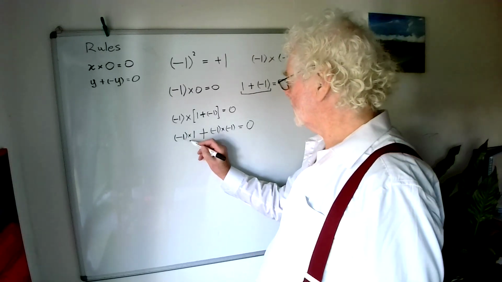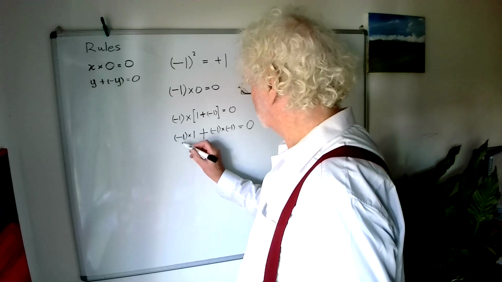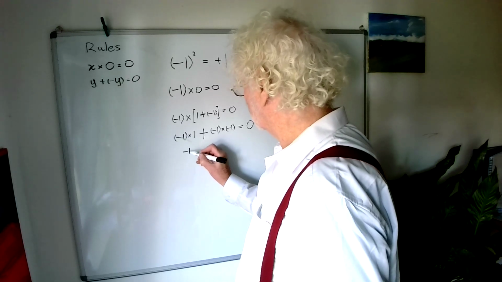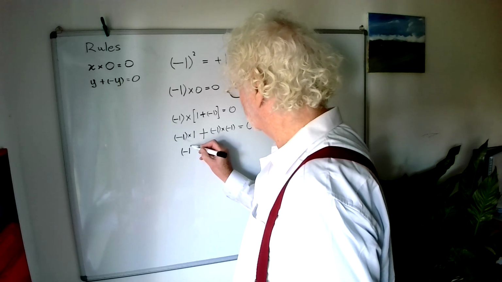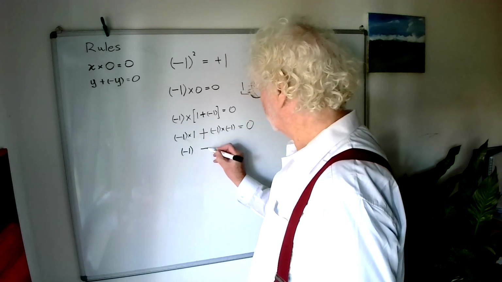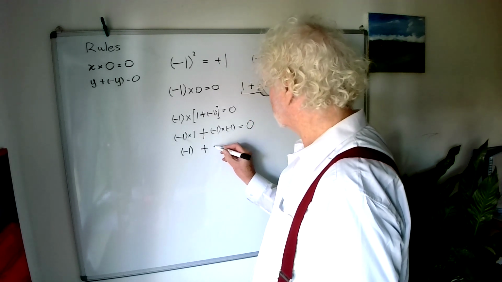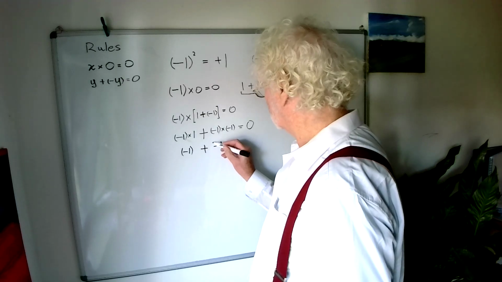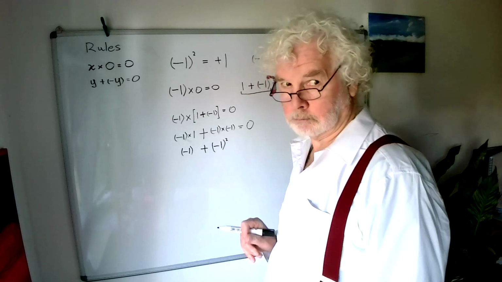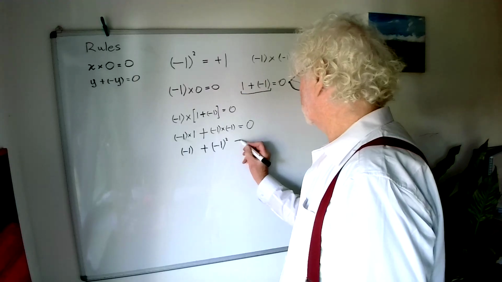So that means here, this is 1 times minus 1 is that, plus minus 1 squared equals 0.